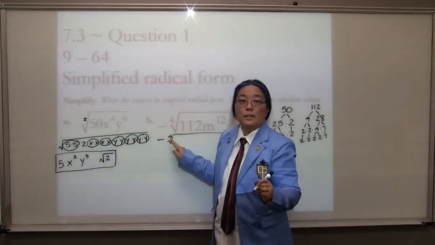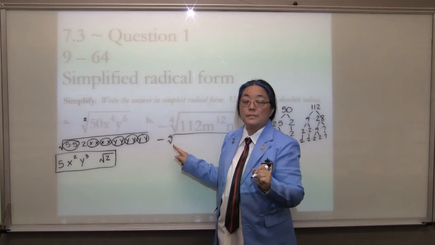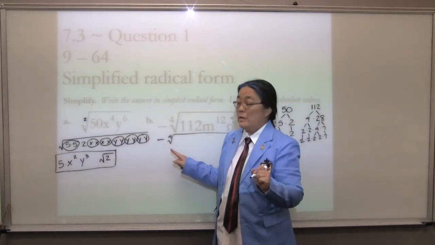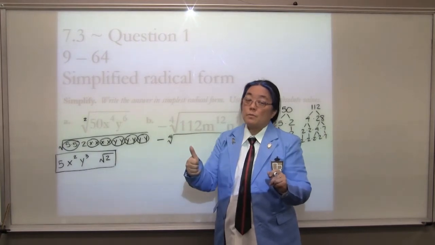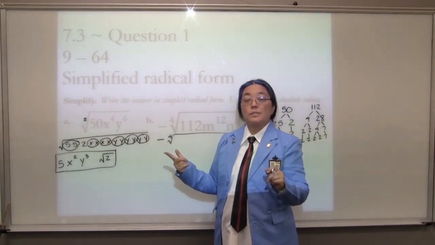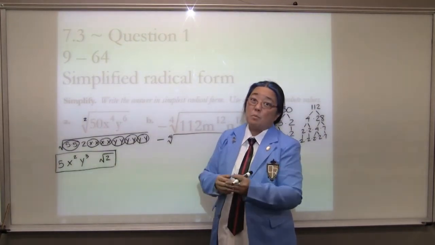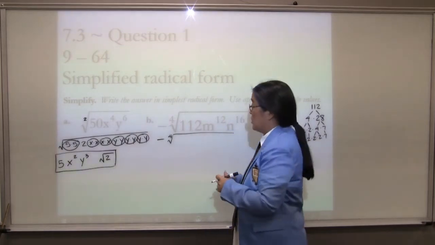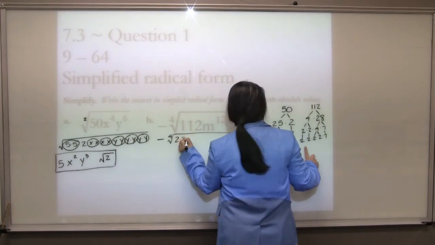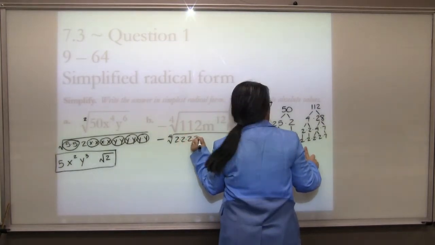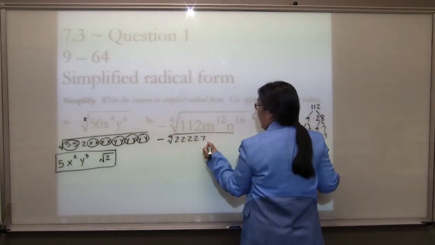This number here is where a lot of people are going to get half-pointed to death in this chapter, is they're not going to write the index number. Then they won't use it as a 4th root, and they won't write an answer that has a 4th root, and probably you'll lose the entire points on the entire question. 112 breaks up into 2, 2, 2, 2, and 7. 12 m's.